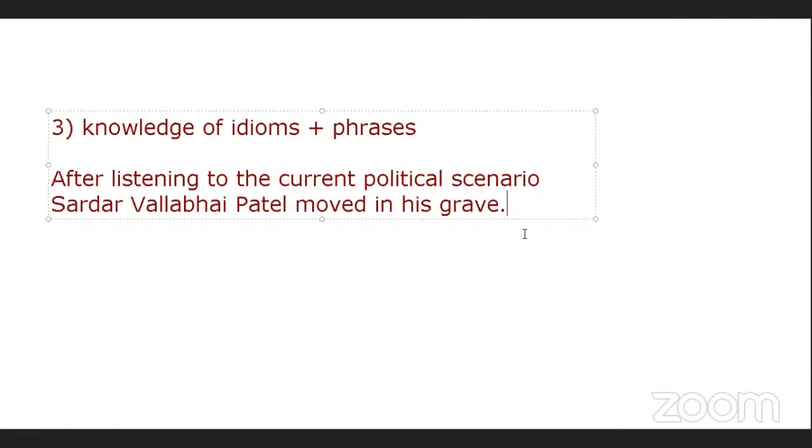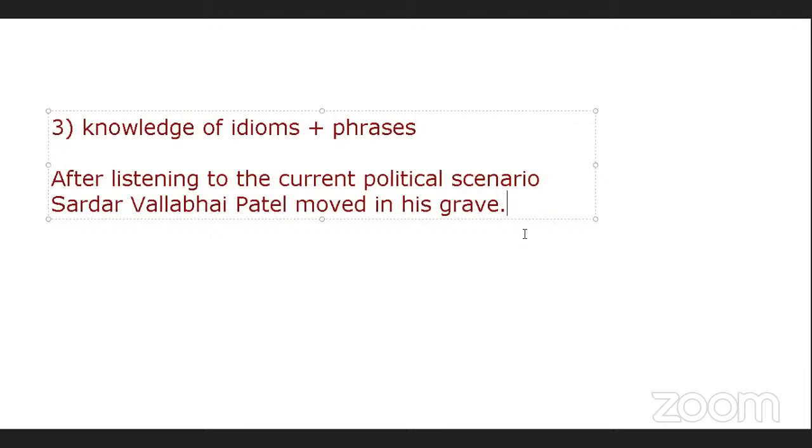Okay. After listening to the current political scenario, Sardar Vallabhbhai Patel moved in his grave. Is this a correct sentence in terms of idioms and phrases?